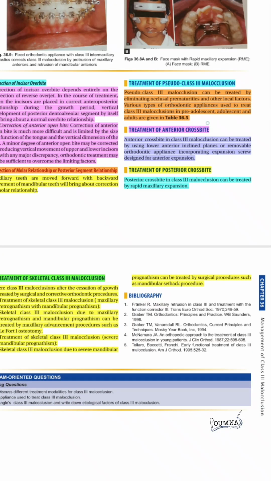Treatment of the anterior crossbite is by using lower anterior inclined planes or a removable orthopedic appliance incorporating an expansion screw designed for anterior expansion. The posterior crossbite is treated by rapid maxillary expansion.